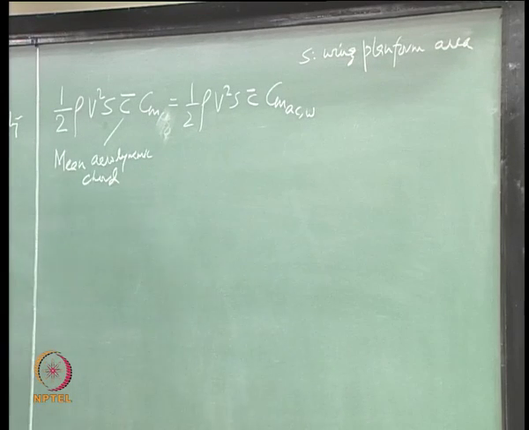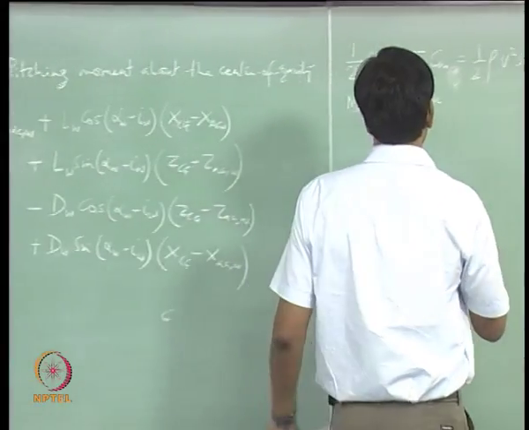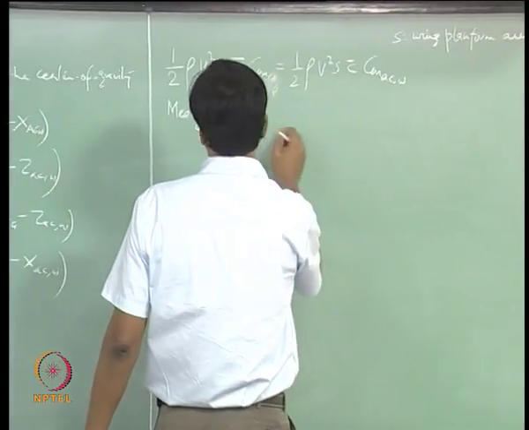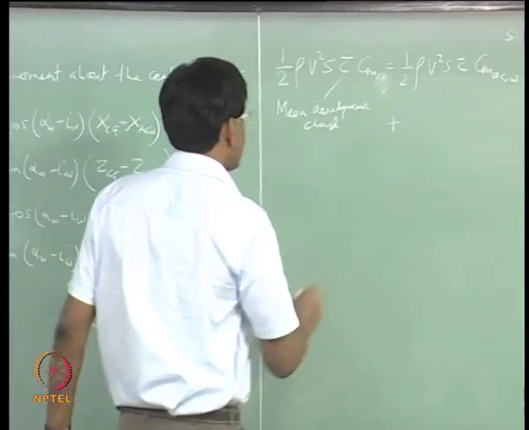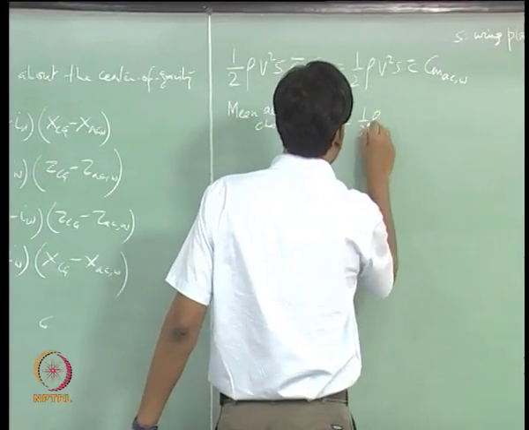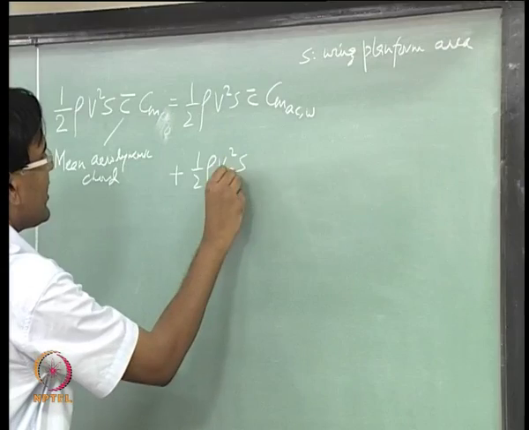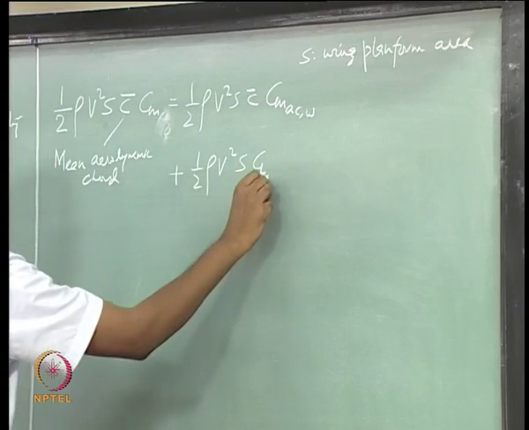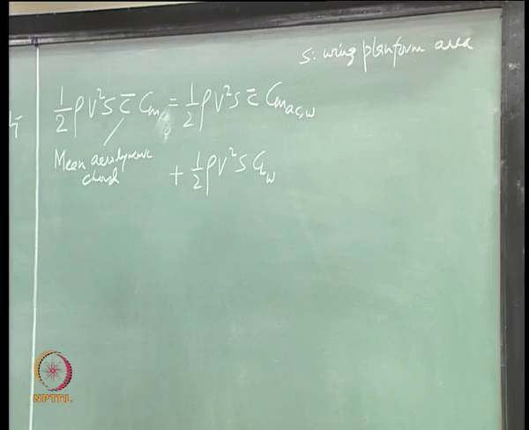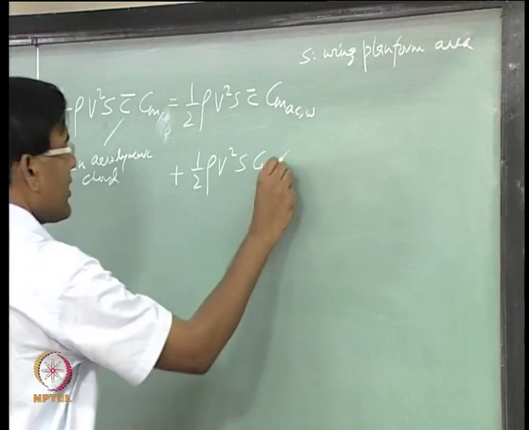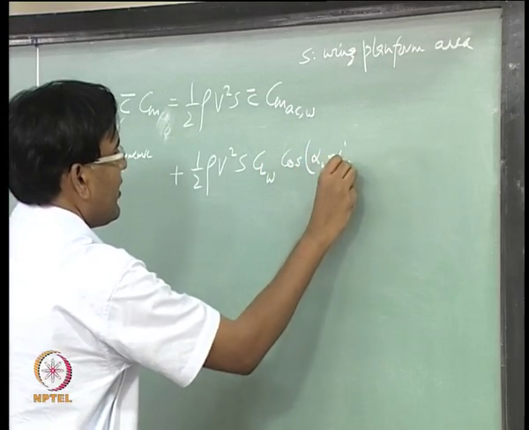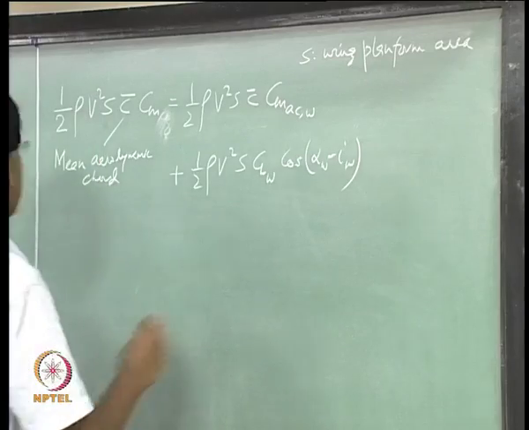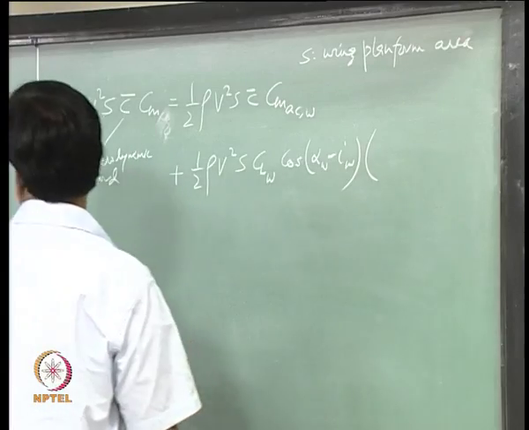So, let us try to first expand this and then look at what we are getting from here. So, LW is half rho V squared S CLW cos alpha minus alpha W minus IW.